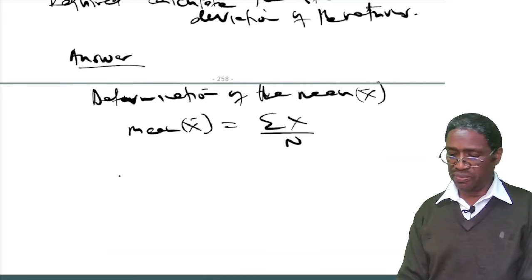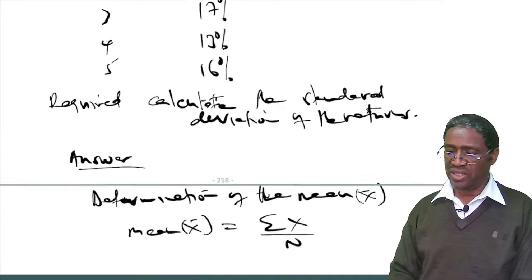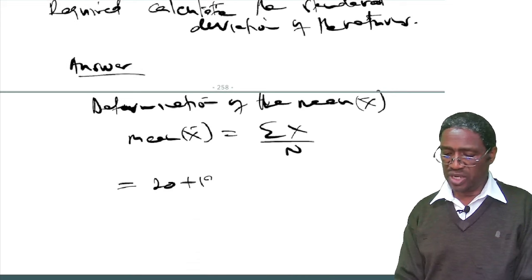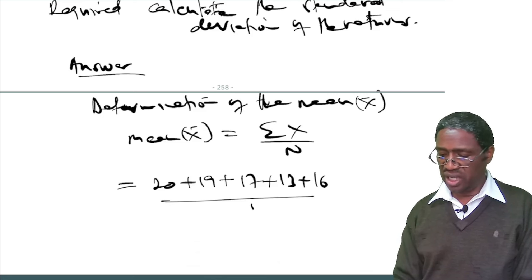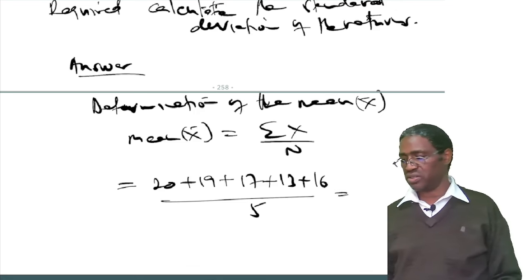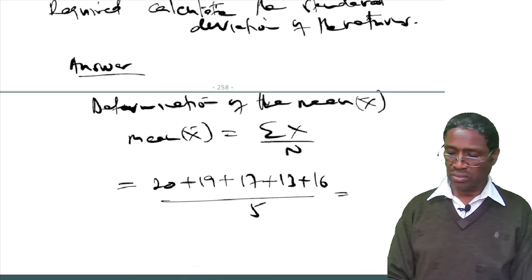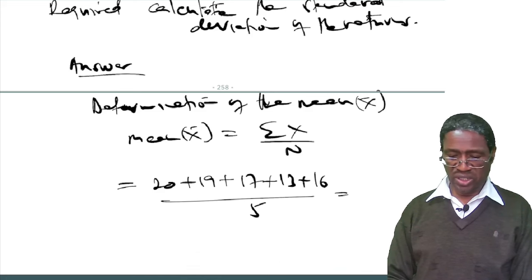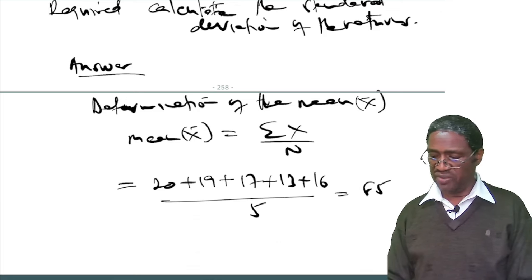I can sum up: 20 plus 19 plus 17 plus 13 plus 16, divided by 5. This is 85 divided by 5.